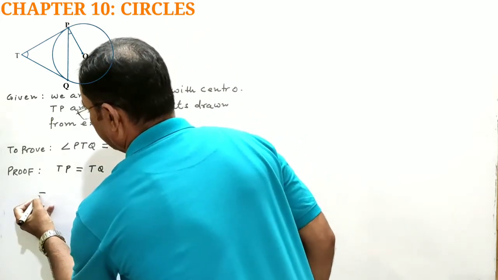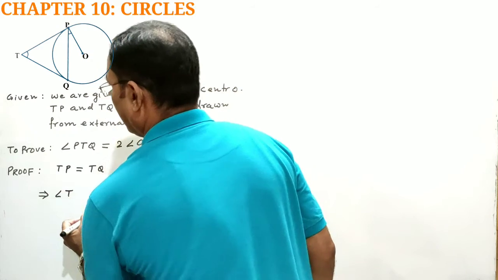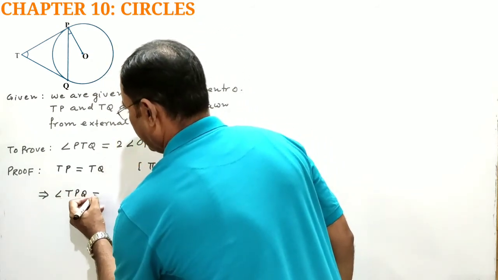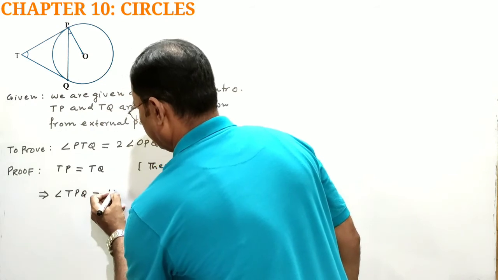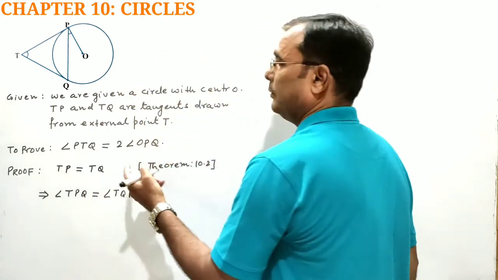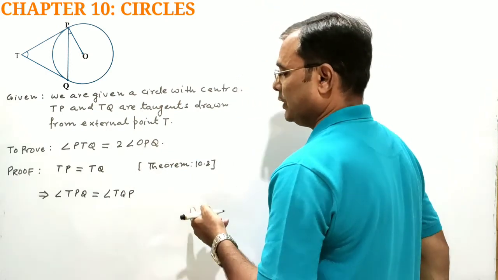and this implies that angle TPQ is equal to angle TQP, because angles opposite to equal sides are equal.